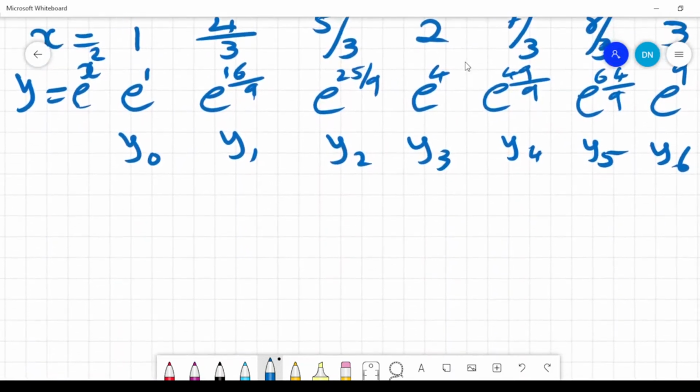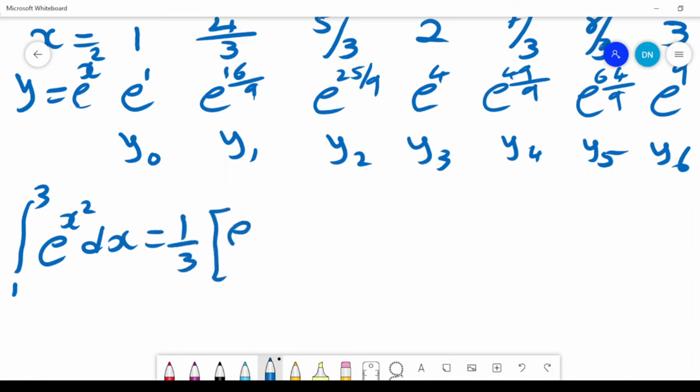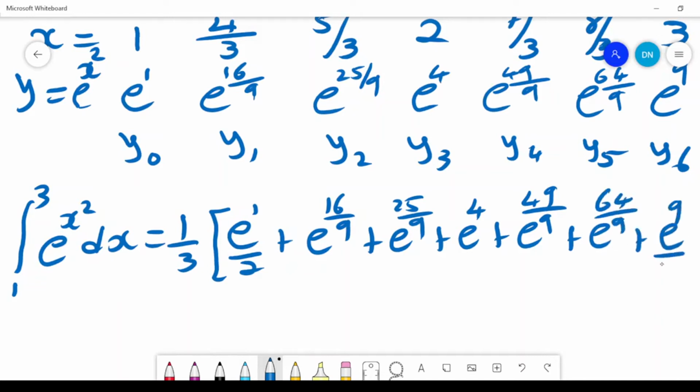Now what is left is for us to solve the problem. So the integral of 1 to 3 of e to the x squared dx is h, which is that. Then y0, y1, y2, y3, y4, y5, and then y6.